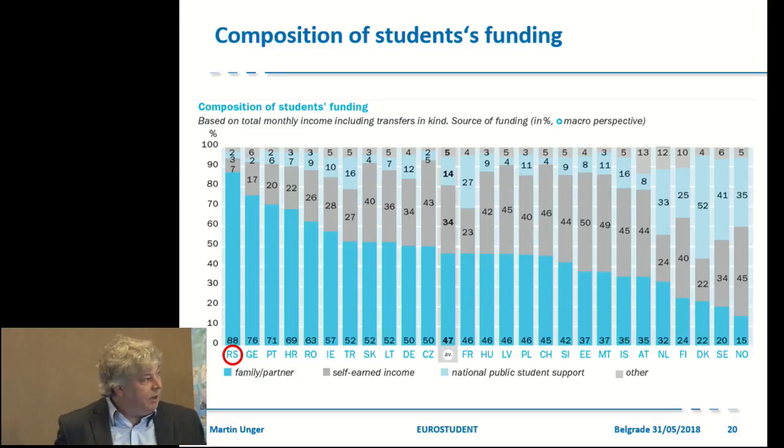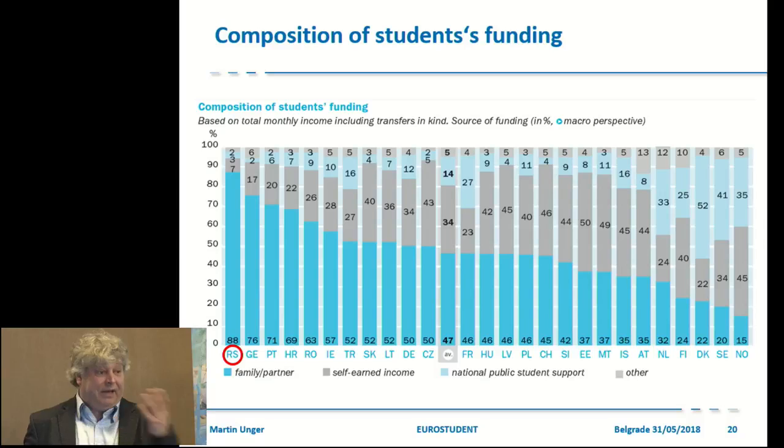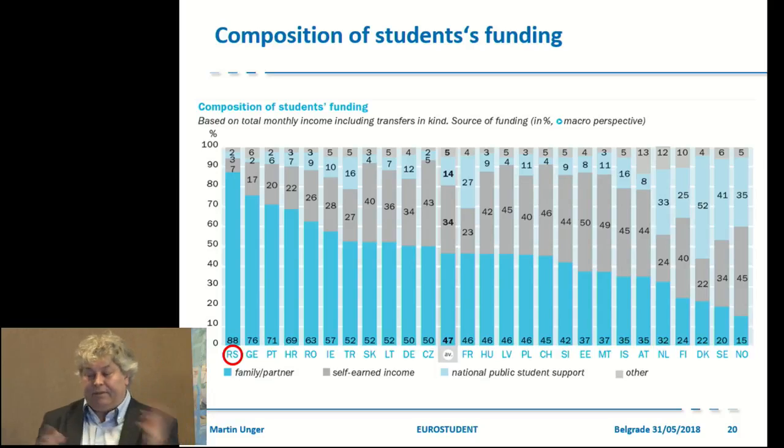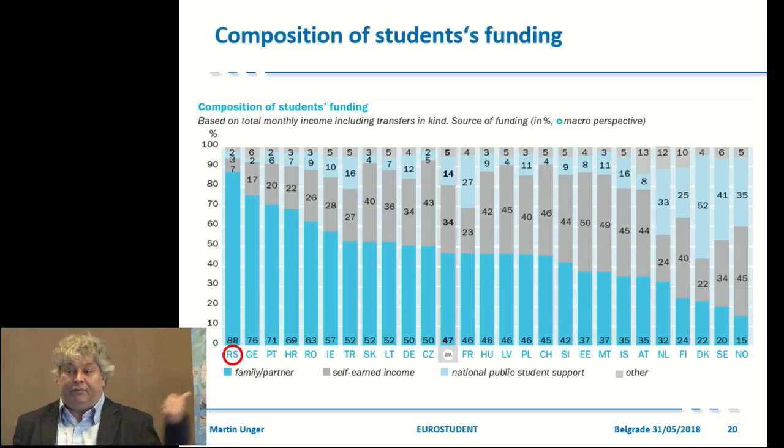And that is really quite interesting, but you have to look a lot and go into detail for all the different countries. Keep in mind the different age structure. So if your student population is 30 years and older, it's very unlikely that the parents are still funding them. But also keep in mind the grant systems. Before, we've seen that in Scandinavia, more than 50% of the students get grants, sometimes even 80 or so.